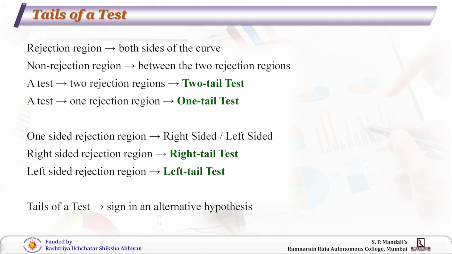A single region test can either be a right-tailed test or a left-tailed test, depending upon where the rejection region lies on the curve. To decide whether a particular test is a one-tailed test or a two-tailed test, the mathematical sign of the alternative hypothesis is used. For example, for a two-tailed test, the mathematical sign of the alternative hypothesis will be not equal to.